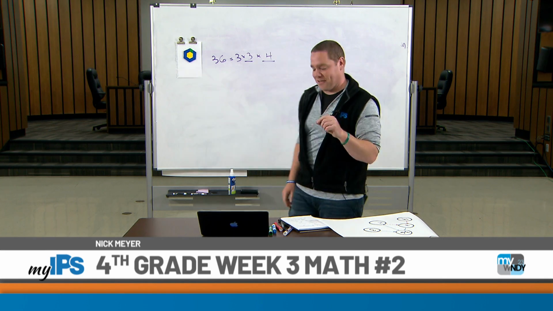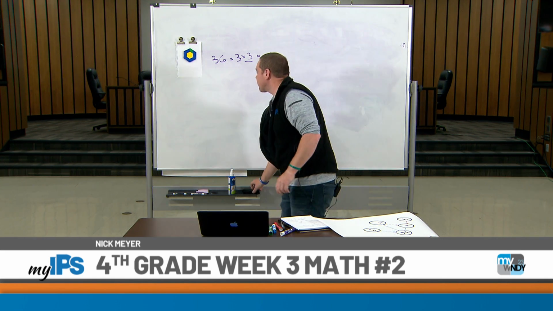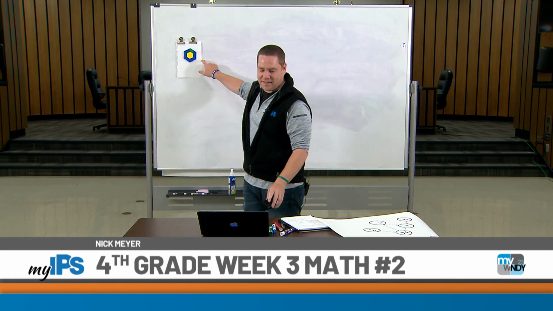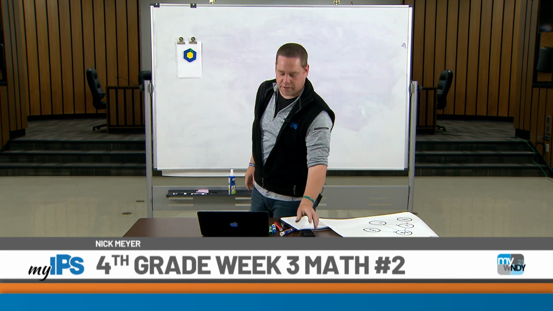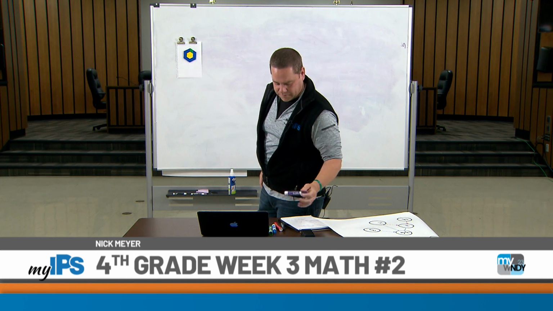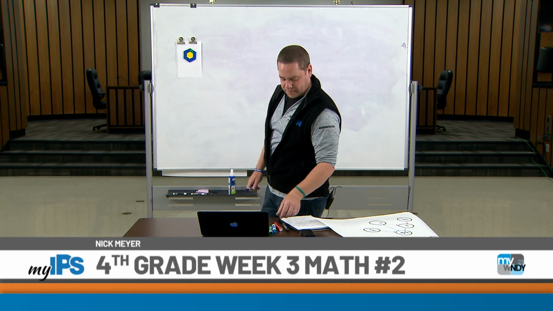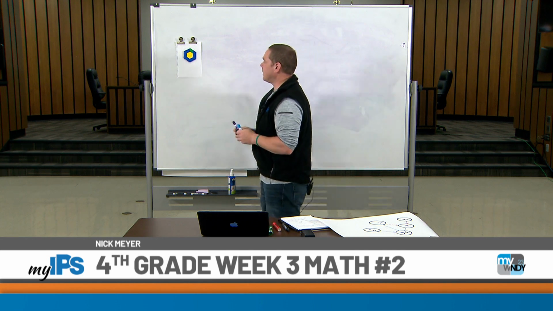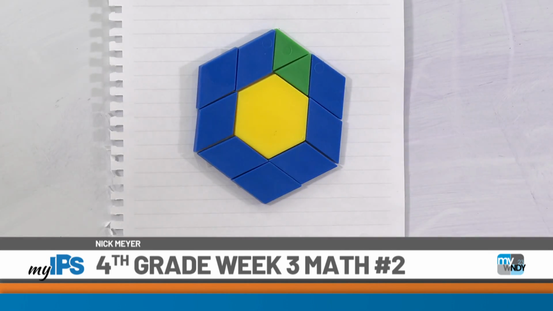Number 3 for day 2 is count how many do you see here. So first off, what do you see there? There's a lot of shapes there. So I can say there's a lot of different things I can possibly count there.